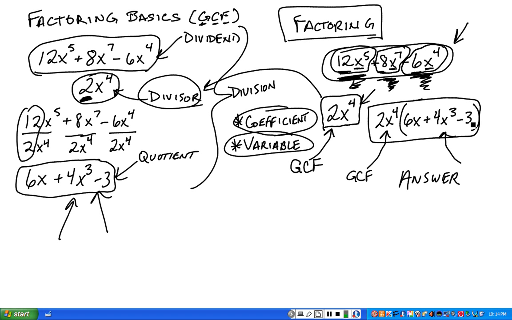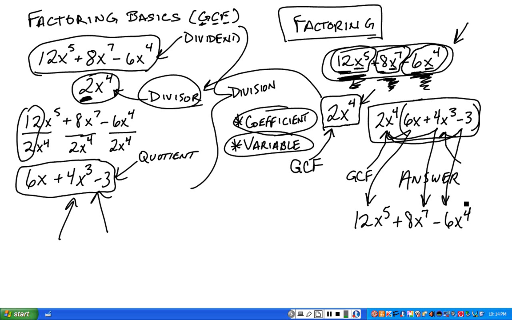So if I took my answer and actually multiplied it, 2x to the 4th times 6x would give me 12x to the 5th. 2x to the 4th times 4x to the 3rd would give me 8x to the 7th, and 2x to the 4th times the negative 3 would give me a negative 6x to the 4th. Now this is my check.